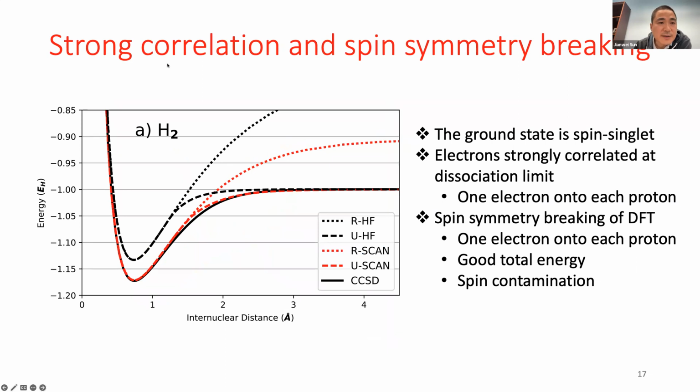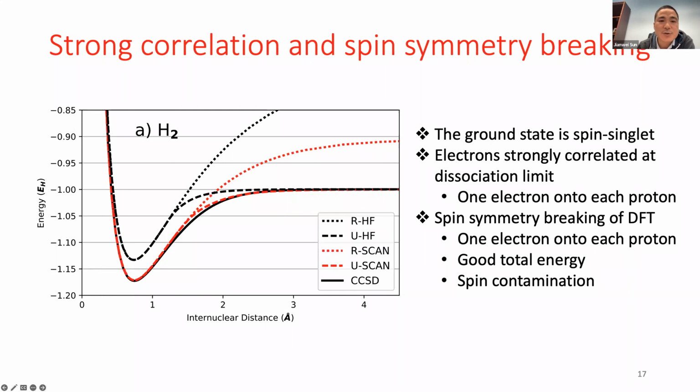So now there is a strong correlation, right? Usually we use this H2 to illustrate. The ground state of the hydrogen molecule is spin singlet, because you have 2 electrons and the total spin should be 0.